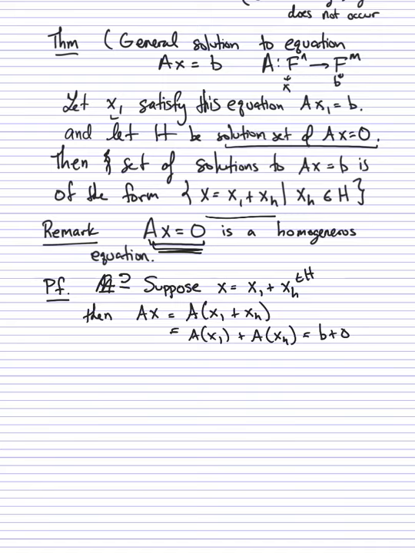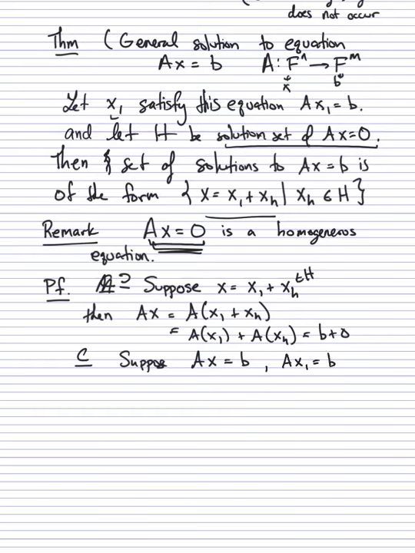On the other hand, suppose you have a solution. Suppose Ax is equal to b, so x is a solution of what we want. We're also given that Ax1 is equal to b by assumption.